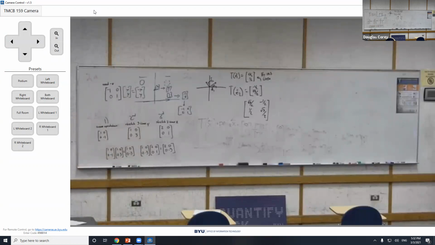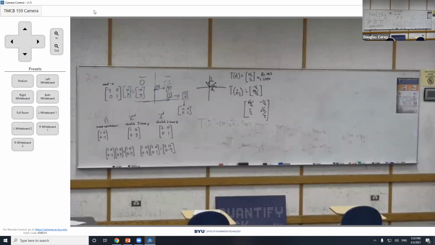Okay, if I'm taking an arbitrary xy and I'm going to reflect it first, so flipping it upside down there, 1, 0, 0, minus 1. I'm going to do that multiplication first, and then I'm going to get something out, and then I will stretch it by 3 times the y, so 1, 0, 0, 3, and then I'll stretch it 2 times in the x.